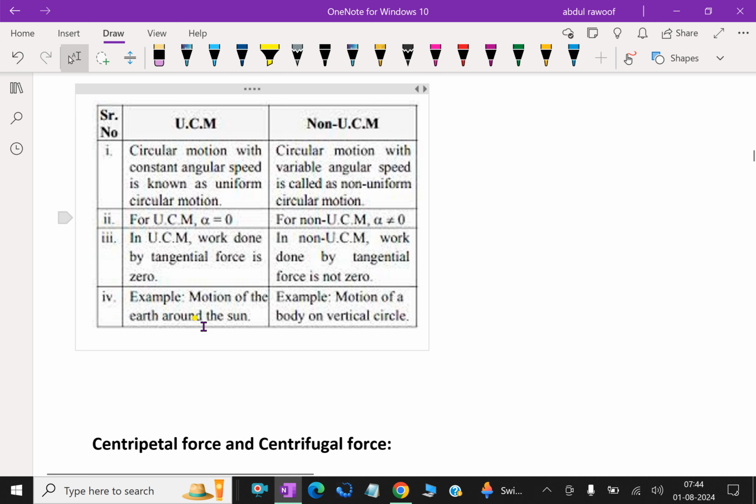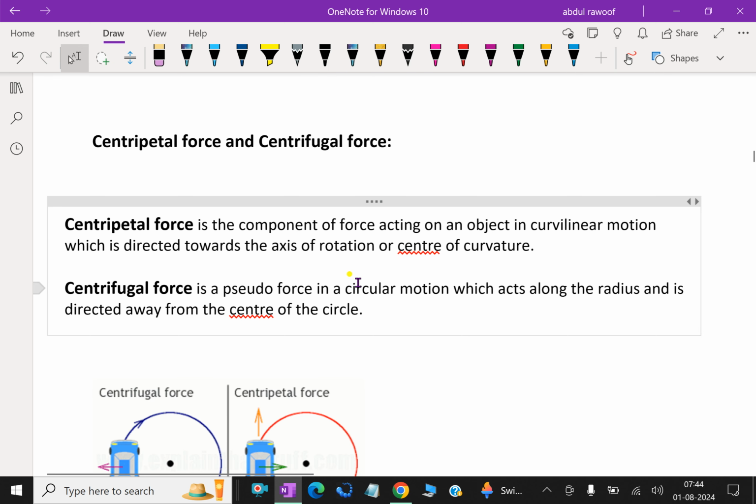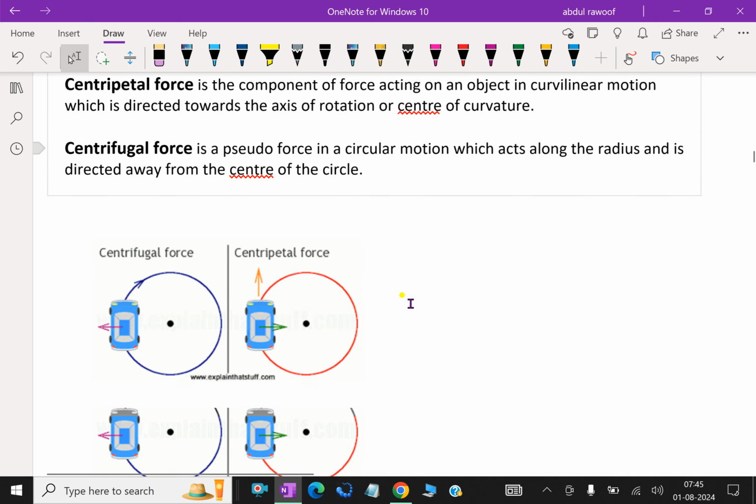Next one, centripetal force and centrifugal force. Centripetal force is the component of the force acting on an object in curvilinear motion, which is directed towards the axis of rotation or center of the curvature. Centrifugal force is a pseudo force in a circular motion which acts along the radius and is directed away from the center of the circle.